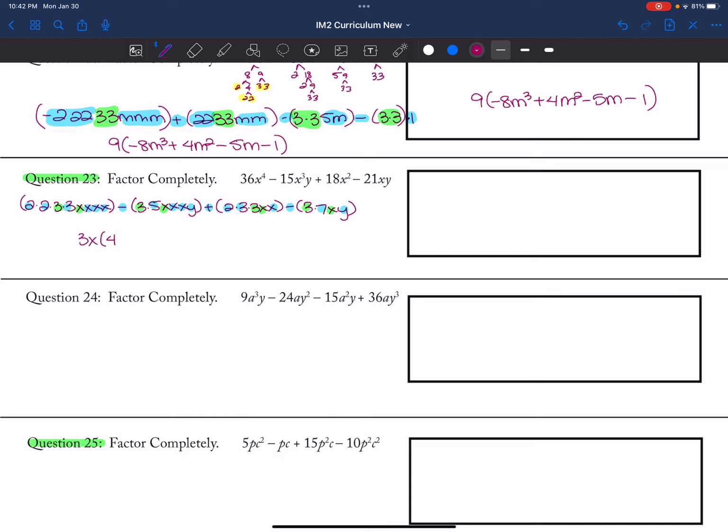I'm left with 4x cubed minus 5x squared y plus 6x minus 7y. So 3x, I'm left with 4x cubed minus 5x squared y plus 6x minus 7y. Oops, my y is a little further away.